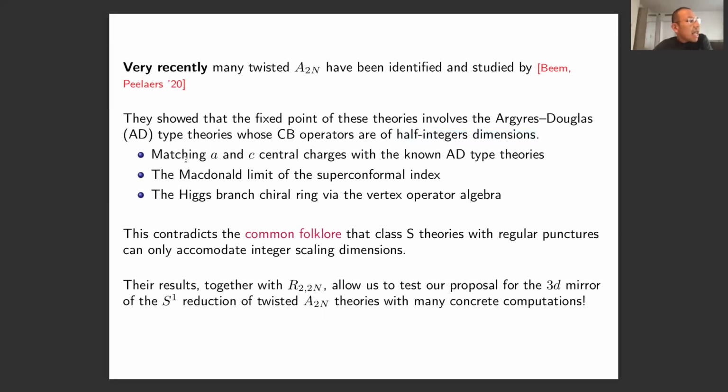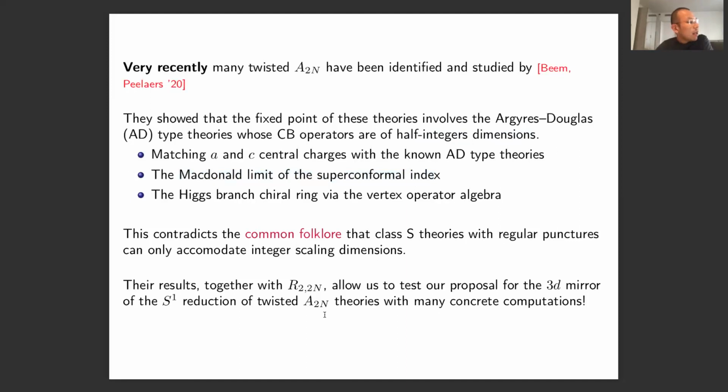Okay, so what did they do, Beam and Pelas? They match the a and c central charges with the known Argyres-Douglas type theories that they propose. They can compute the Macdonald index from the puncture structure. They can compute the Macdonald limit of the superconformal index. So basically, it's a limit of the superconformal index. It's called the Macdonald index, basically. And they study the Higgs branch of this theory using techniques of vertex operator algebra.